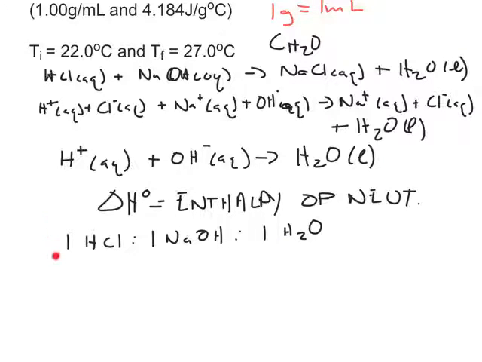So sort of file this away when we get into the math a little bit later near the end of the problem, that 1 mole of hydrogen chloride equals 1 mole of sodium hydroxide equals 1 mole of water, which equals the enthalpy of neutralization. Okay, let me get a clean sheet and we will do the actual math.